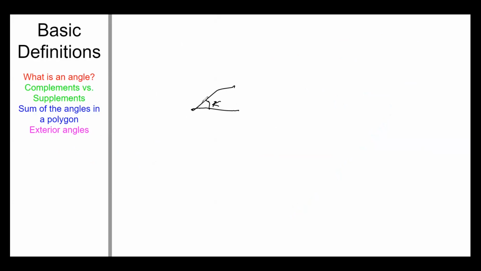A 90-degree angle is usually considered a benchmark angle. This right angle can separate things: if an angle is less than 90 degrees, it's acute. If it's more than 90 degrees, so this entire angle, that's a terrible drawing, but this entire angle would be obtuse.